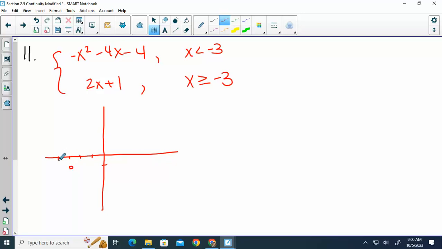And then if I put in negative 4, so I'm just making my T chart here, we get a negative 16 plus 16 minus 4. That's negative 4.